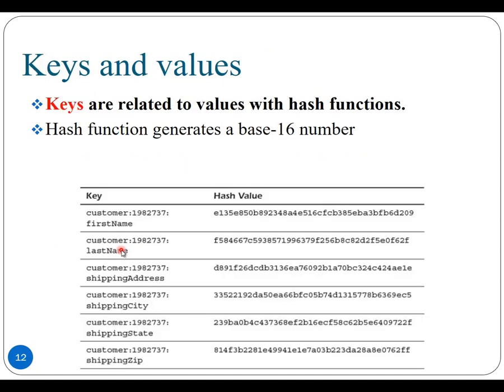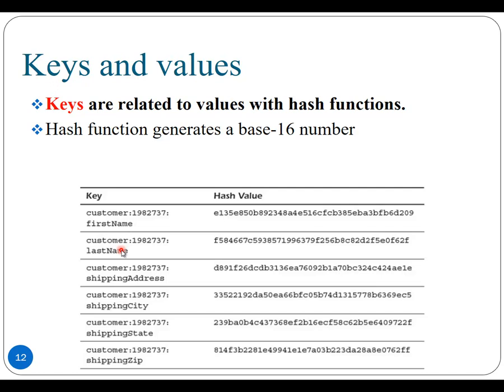Now, how could we find the data in the key value database? As we said, the data is in the format of key values. We have a key, and for each key we have a value. How could we define a relationship between the key and the value?